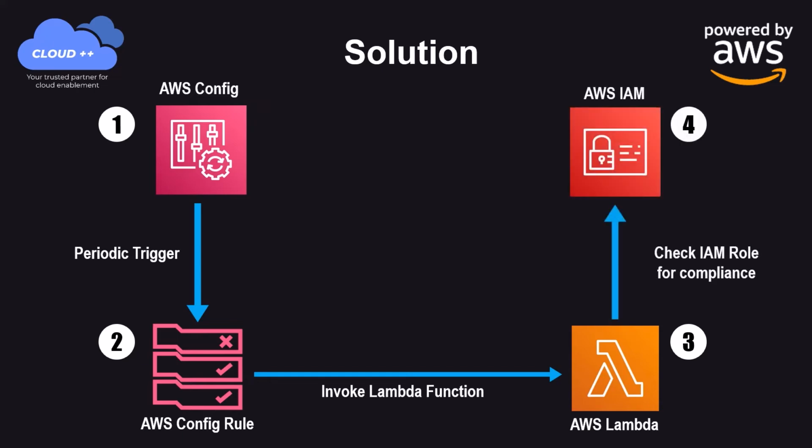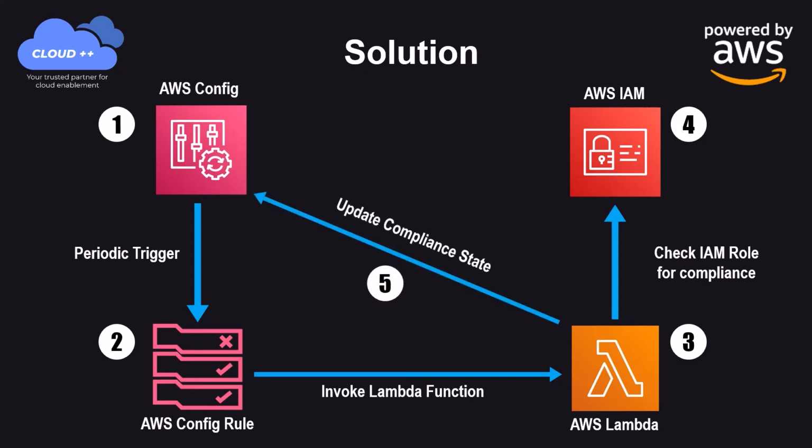The Lambda function enumerates each role and determines its creation date and role last used timestamp. When the Lambda function has determined the compliance of all your roles, the function returns the compliance results to AWS Config. AWS Config retains the history of compliance changes evaluated by the rule. If configured, compliance notifications can be sent to an SNS topic.